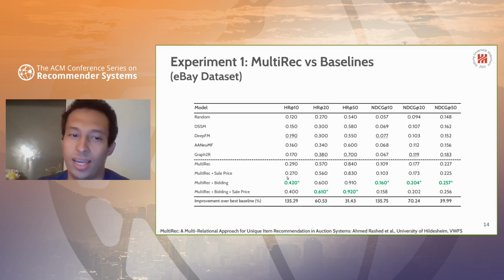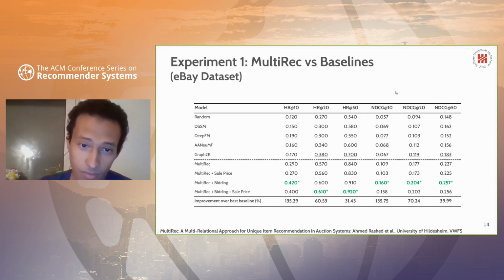Now, once we add the auxiliary information, which is 16 times more than the main relation that we have, you can see an improvement that sometimes reaches 135% in accuracy. So the more auxiliary relations you have, the more improvement you can get from your model.